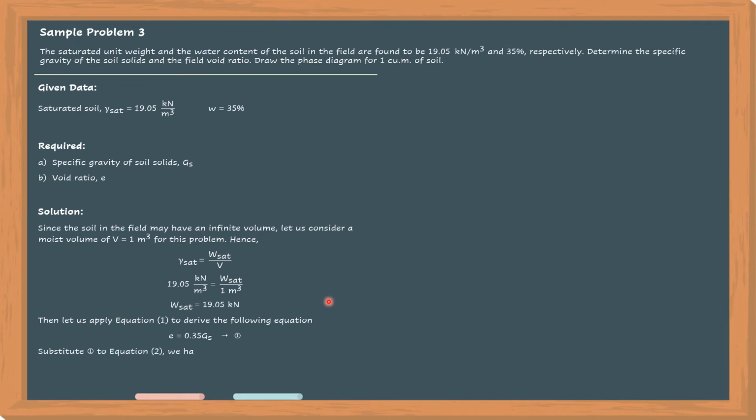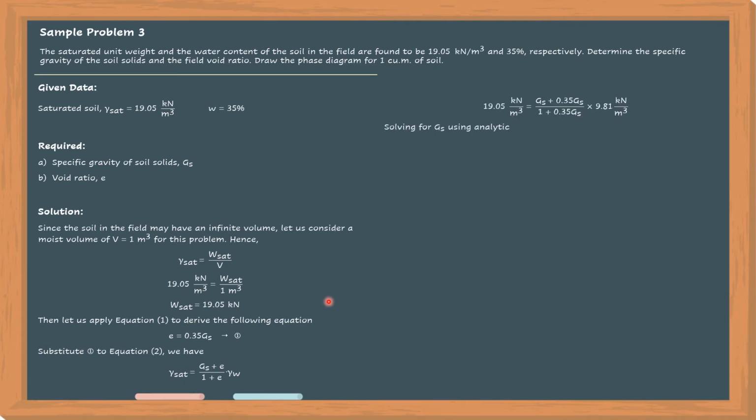Then substitute that equation 1 to equation 2, the general equation number 2. So we have saturated unit weight is equal to G sub S plus e over 1 plus e times unit weight of water.